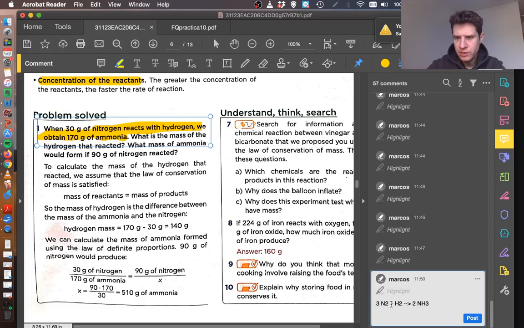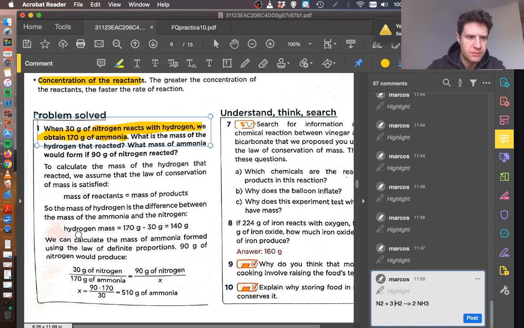Sorry, me he equivocado. Esto no es nada y esto es 3. Ahora sí. Very good.